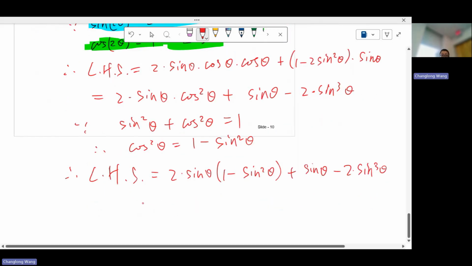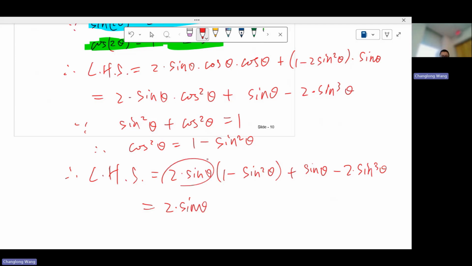Another round of distribution, right? So distribute the 2 sine theta into the first pair of parentheses. 2 sine theta, right? When it hits the 1, and when it hits the sine square, you get negative 2 sine to the third, plus the sine theta minus the 2 times sine to the third.